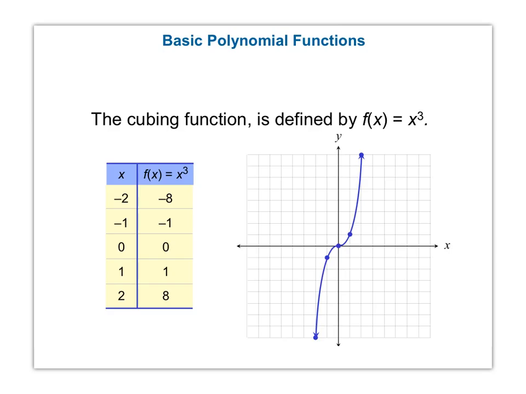The cubing function is defined by f of x equals x to the third power. Now, the domain, what we're plugging in here to our function f of x equals x cubed, whatever we plug into this function, we get the output value by raising that value to the third power. And -2 to the third power is -8. So that corresponds with a point that's on the graph of the basic cubing function.